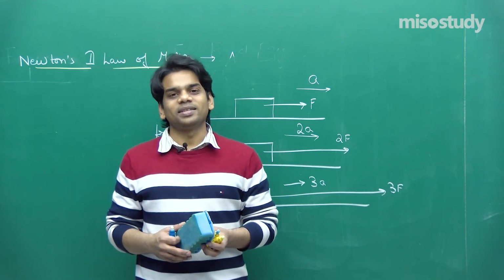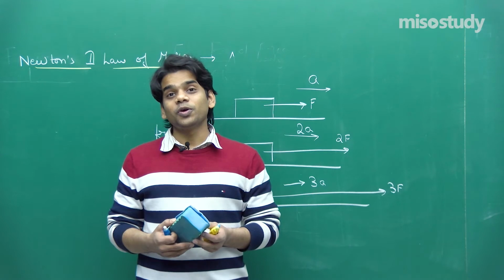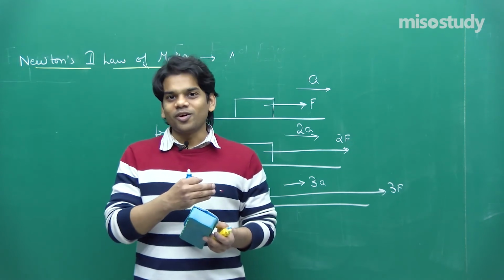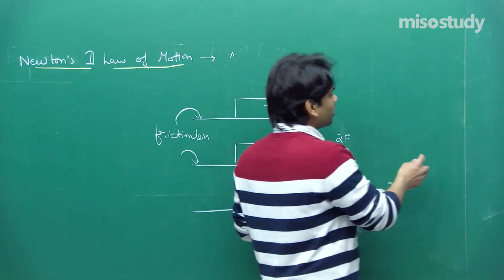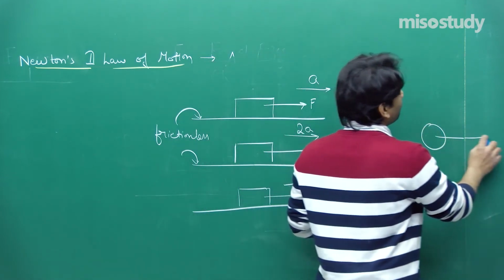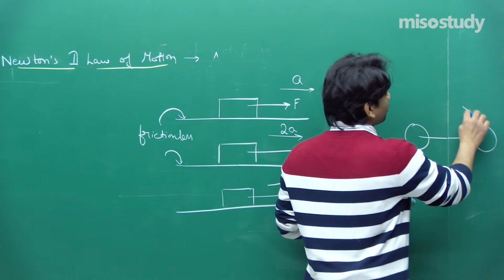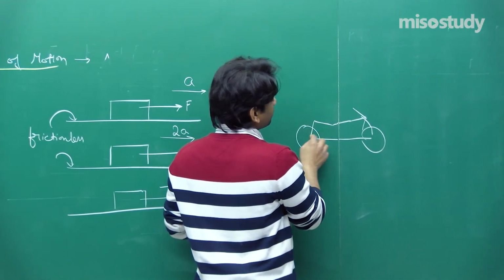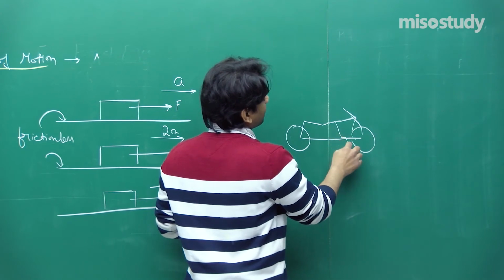Let me take a very simple day-to-day example. If you are riding a bicycle, you exert a force on the tires, the tire rolls, and you are moving. Now as the bicycle tire rolls, you paddle it using a simple mechanism.